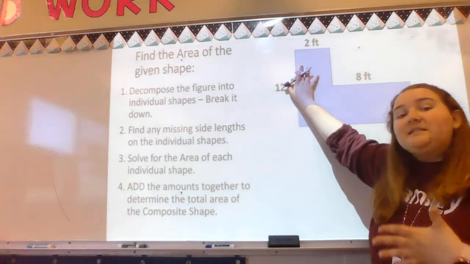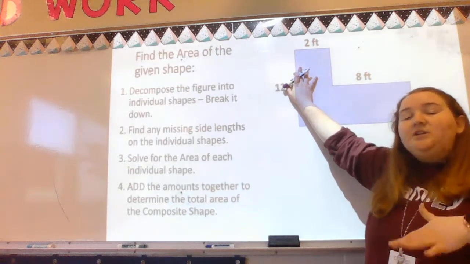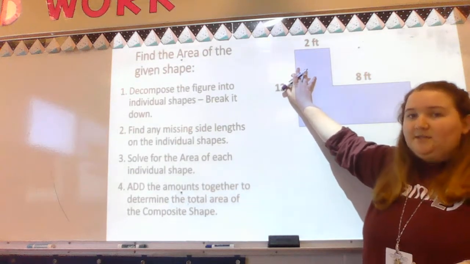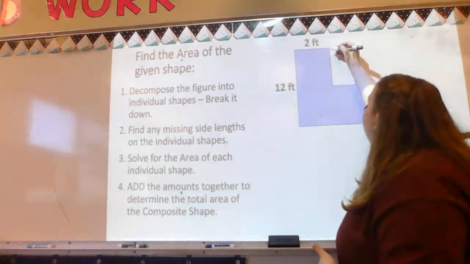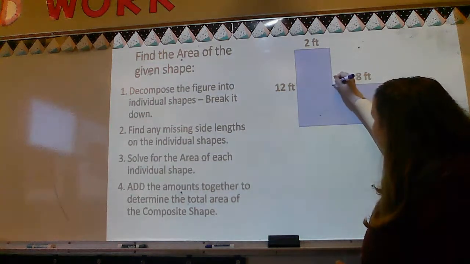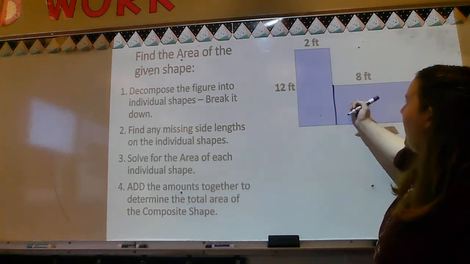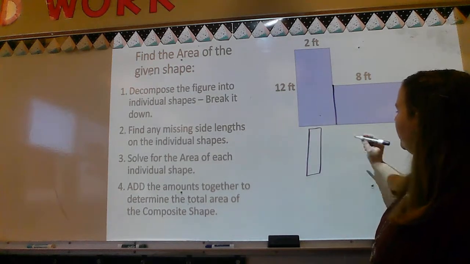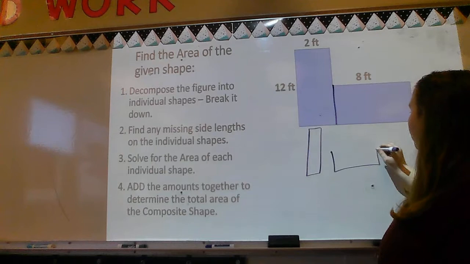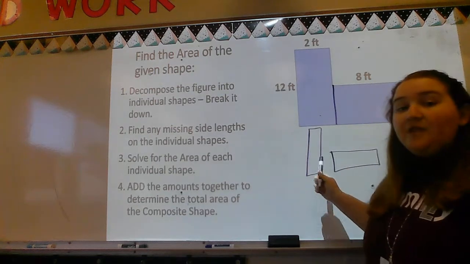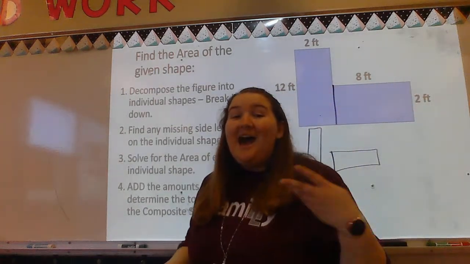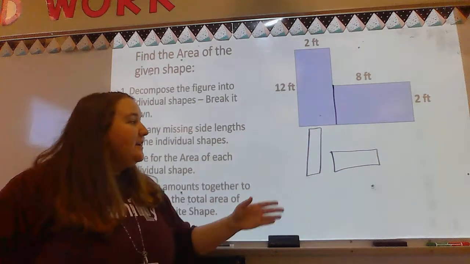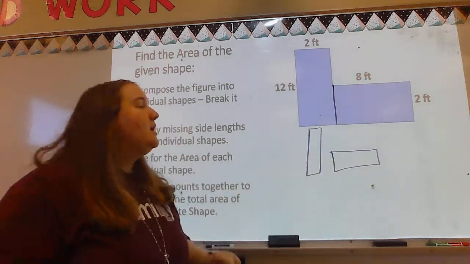So we have to make it smaller so we can use a formula that will work for us. So for example, if I draw a line, I'm going to separate it. I've now made a skinny, tall rectangle and a long, wide rectangle. And those are rectangles. We have that formula, okay? So we're breaking it down into something we can understand, okay?